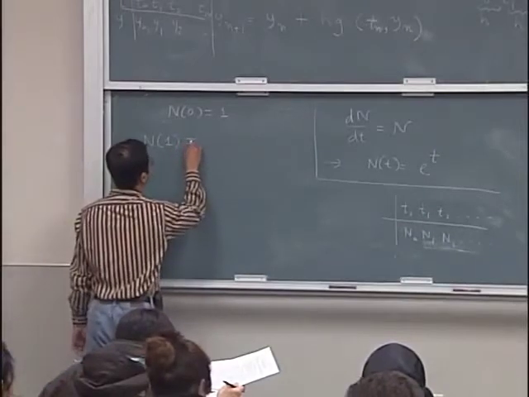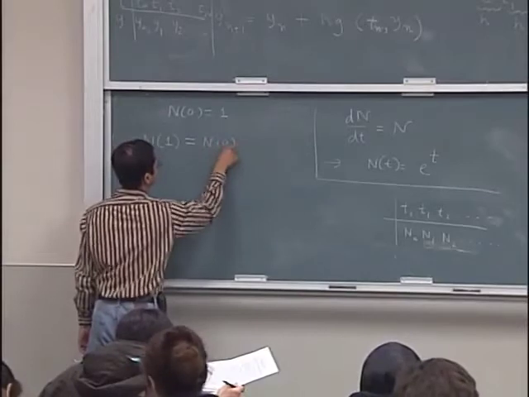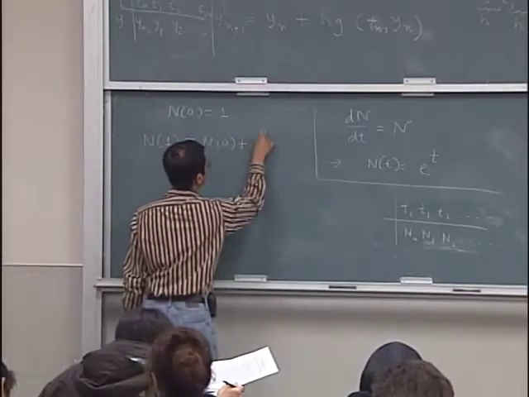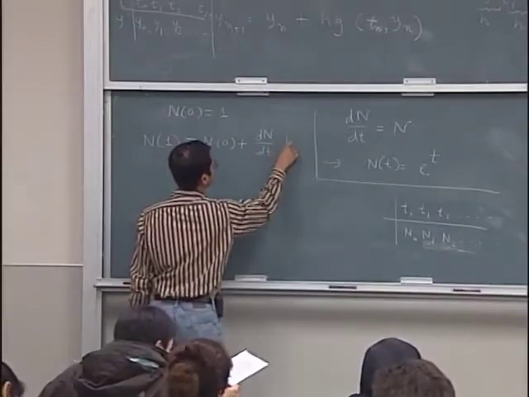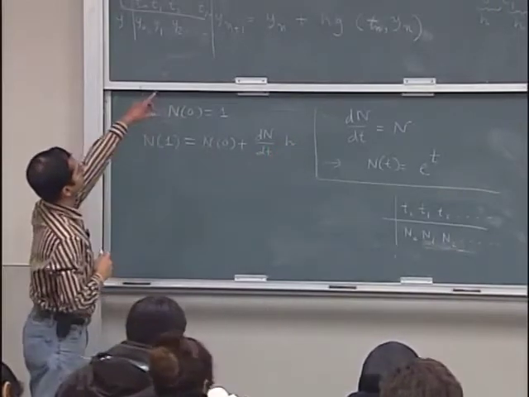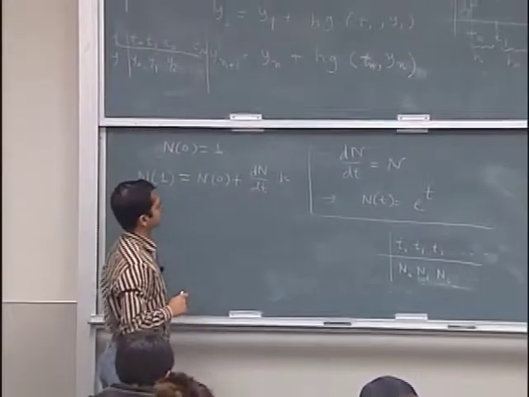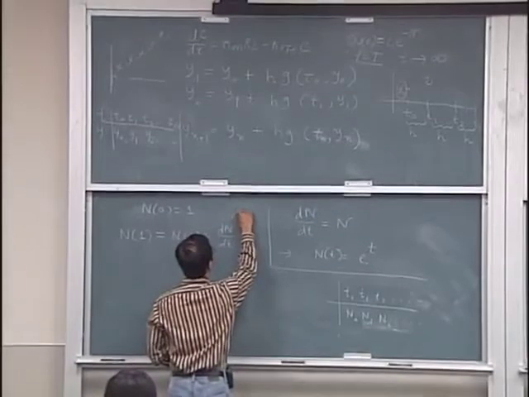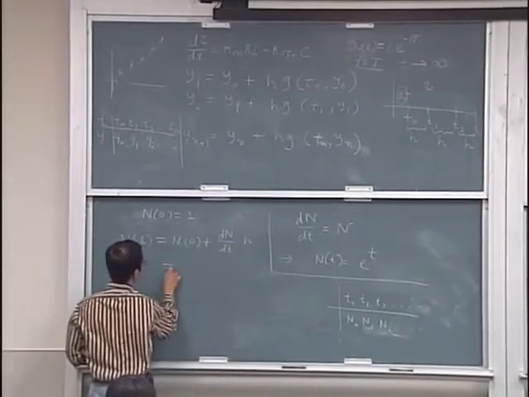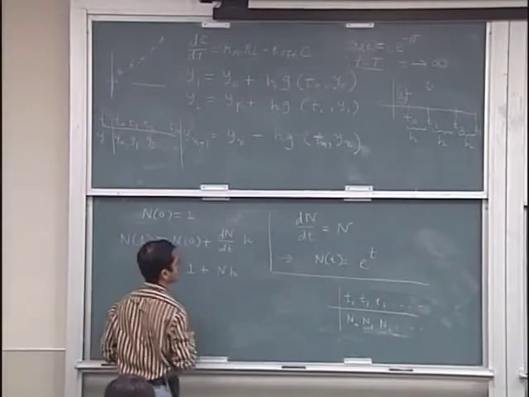N1 is going to be N0 plus dn/dt times h. If you look at the formula, dn/dt, and what is dn/dt in this case? That's n. So this I can write 1 plus nh.